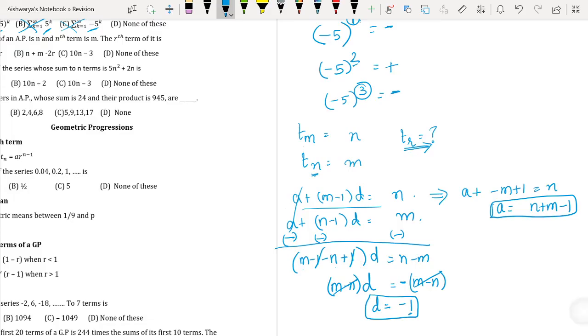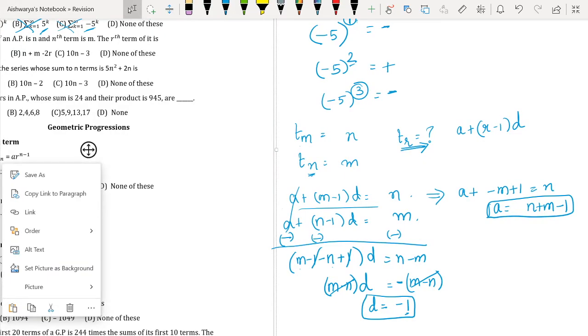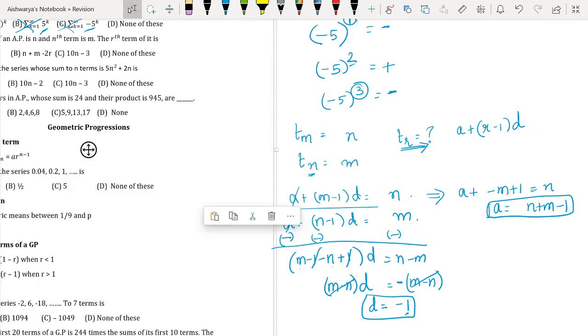The rth term, that is a plus r minus 1 into d. All of you keep writing along with me, because that will improve your concentration and you will not have difficulty understanding why a step is done. When we just listen, we will miss out, but when we are writing, our concentration is much better. So let's substitute a.